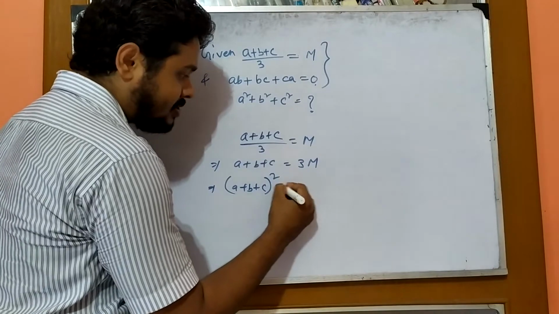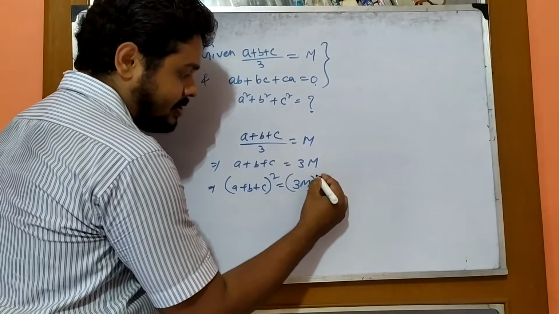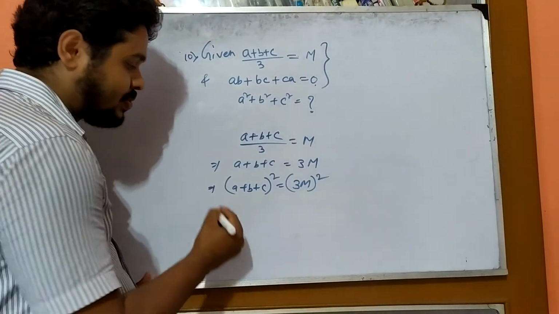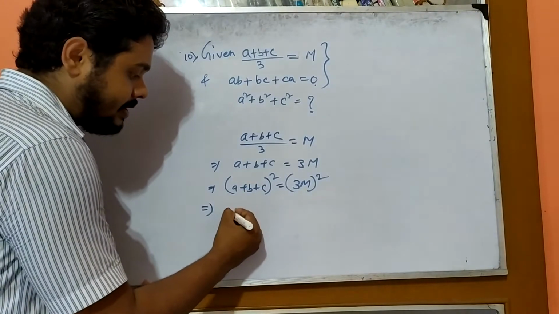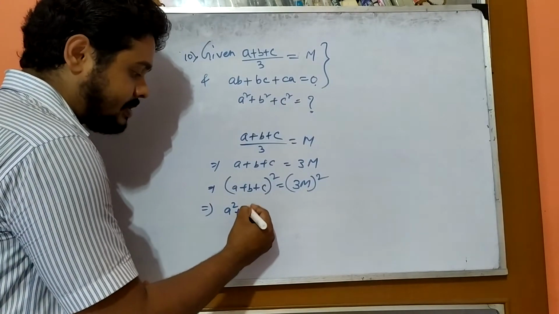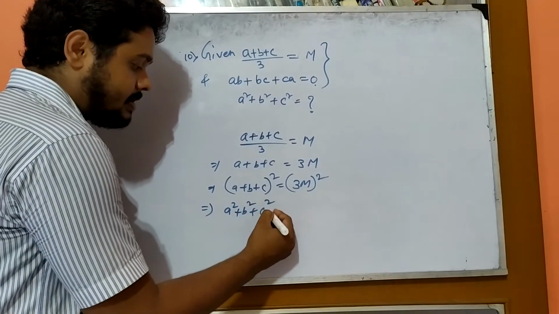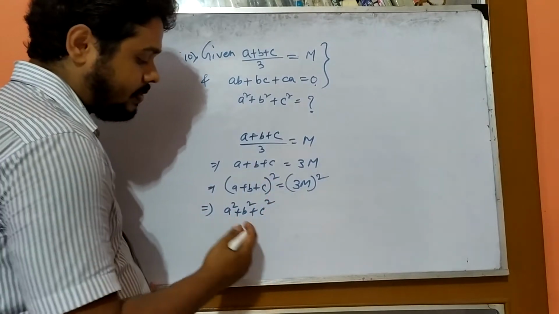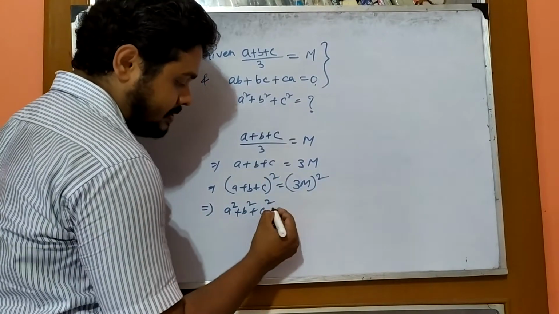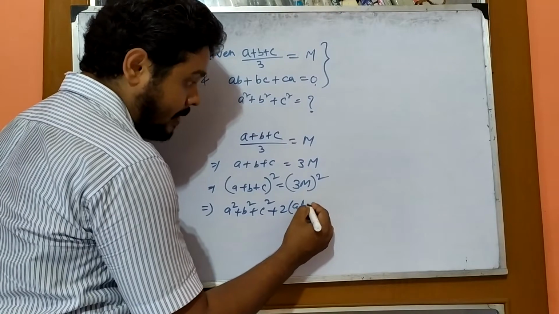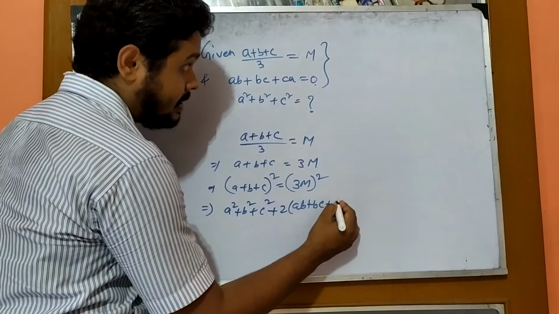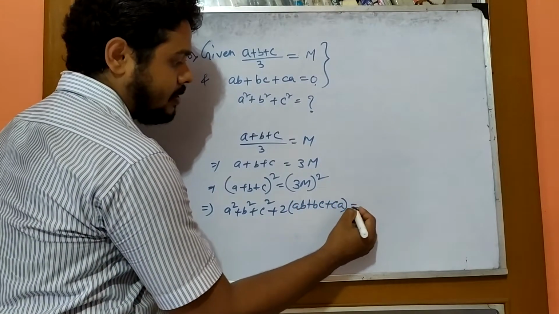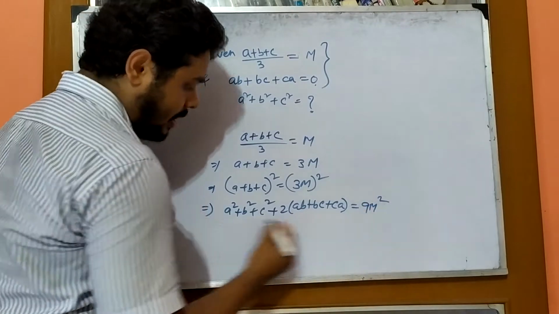Now squaring both sides, we can write the whole square. The formula for A plus B plus C whole square is A square plus B square plus C square plus 2 times AB plus BC plus CA equals 9m square.